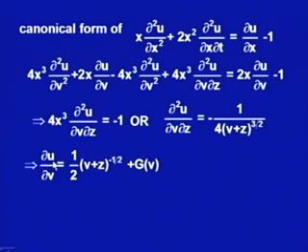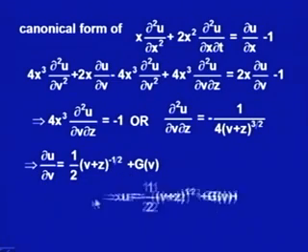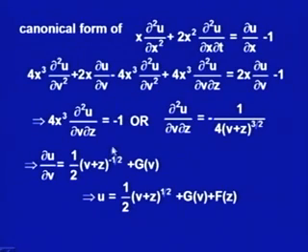That says I would get ∂u/∂v as half of (v plus z) to the power minus half plus a function of v, because we had integrated it with respect to z. So, the constant has to be a function of v. Now, again integrate it with respect to v, what I would get is u as integration of this with respect to v, half of (v plus z) to the power half, plus integration of this with respect to v.